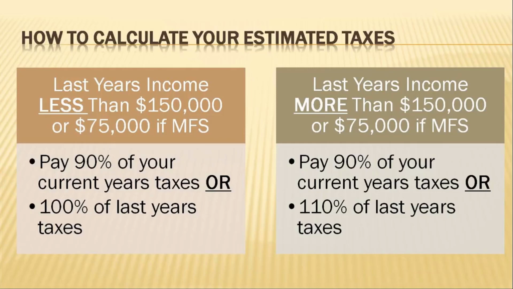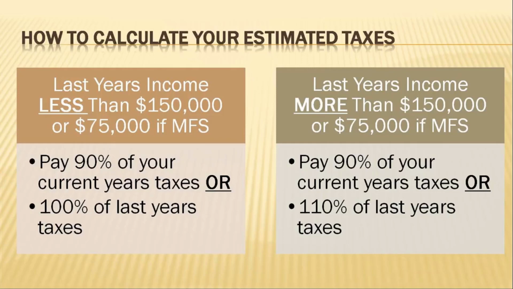So that's the reason why, even though you go ahead and take the painstaking steps of calculating your quarterly estimated payments for that particular year, you may still decide to go back and pay your estimated taxes based upon last year's income.